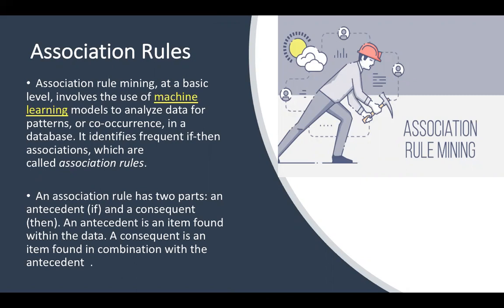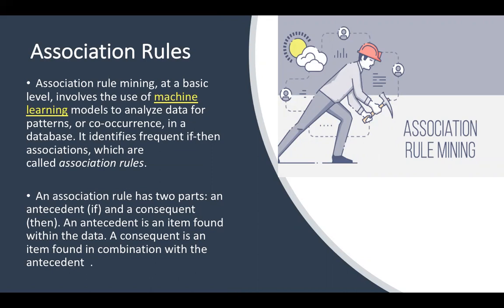The association rules actually have two parts: the antecedent, which represents the "if," and the consequent, which represents the "then" part. So the antecedent is an item found within the data, and the consequent is an item found in combination with the antecedent.